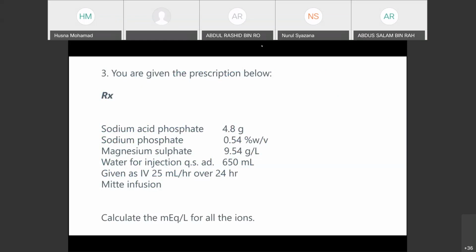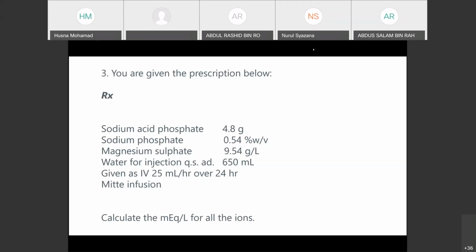Doctor, the question didn't ask whether the formulation is isotonic, but should I just write it? The question asked to calculate the mEq for all the ions. So we just state whether it is isotonic or not? No, there's no need. You have to see the question here, because I didn't ask you.